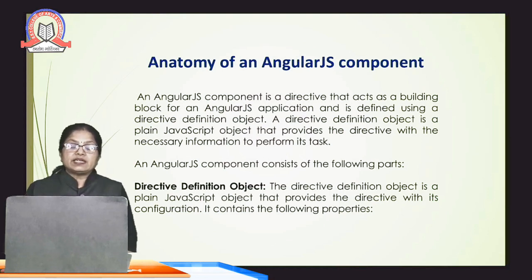An AngularJS component consists of the following parts. First is the directive definition object. The directive definition object is a plain JavaScript object that provides the directive with its configuration. It contains the following properties.